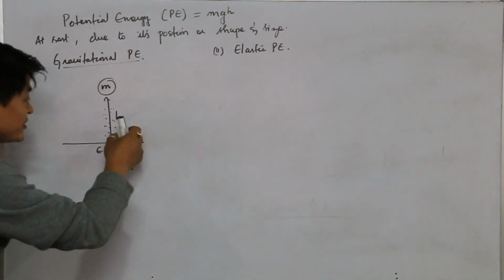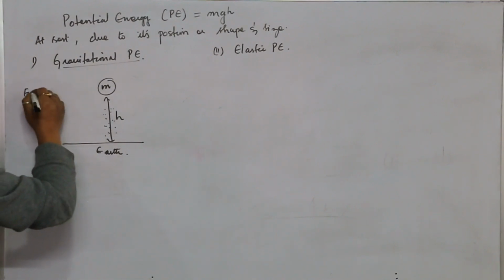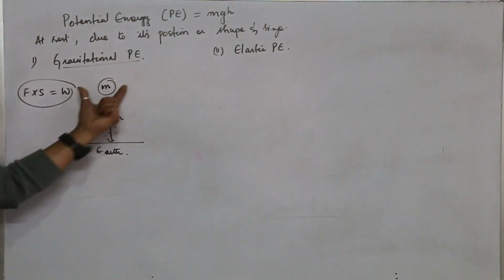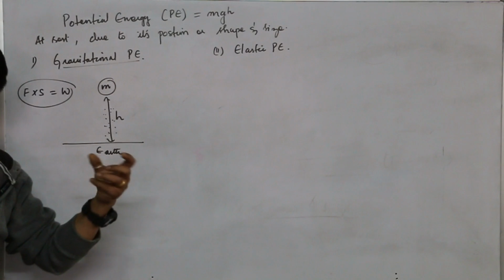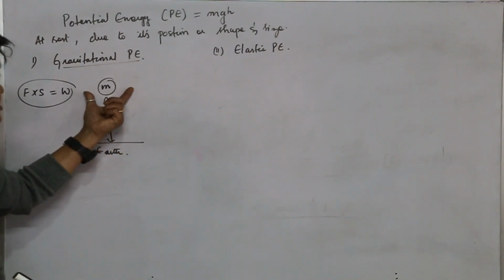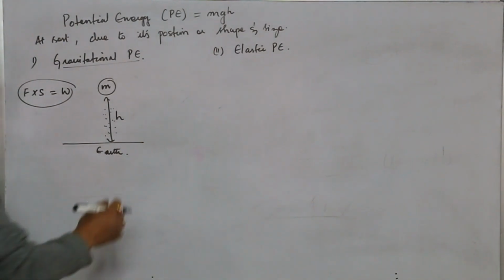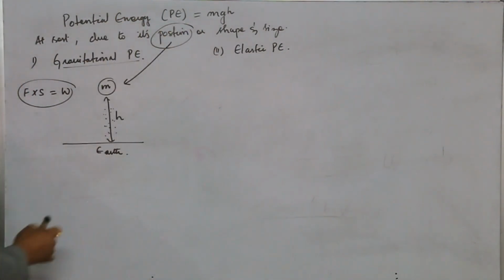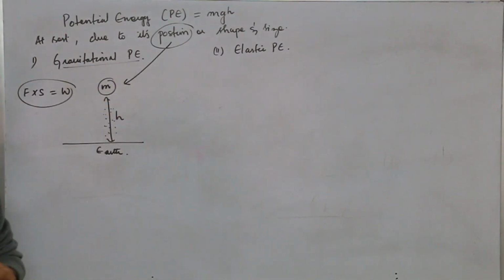It also experiences displacement, and we know that product of force into displacement is simply work. That means this body is doing some work. If this body is doing work, it means due to its position, the body has some energy. Okay, the energy possessed by a body due to position is your potential energy, and this kind of energy is called gravitational potential energy.